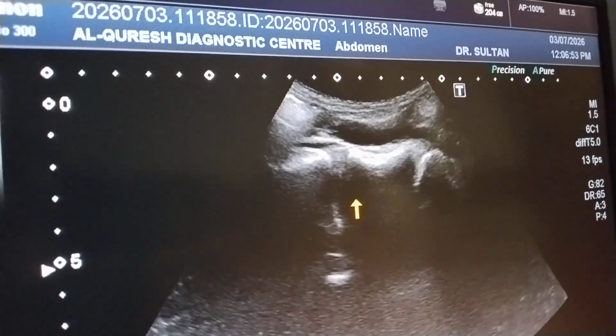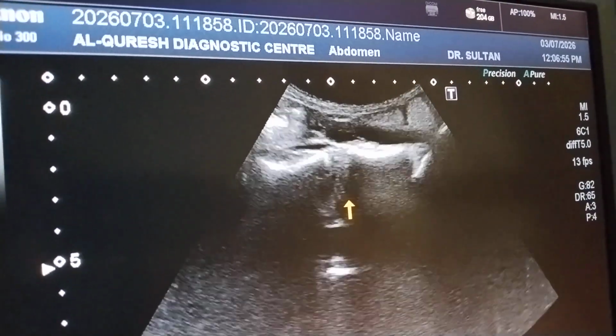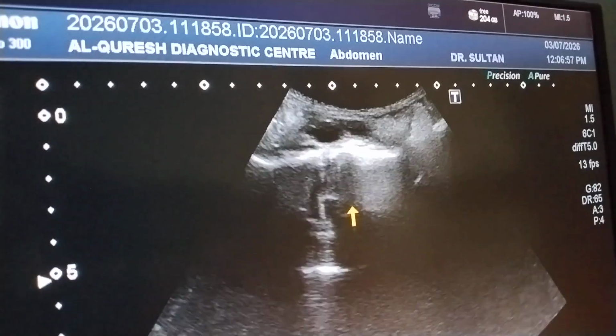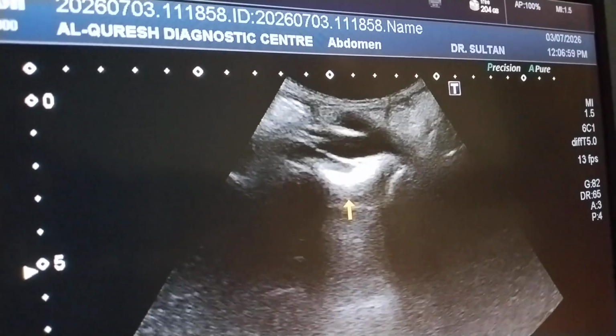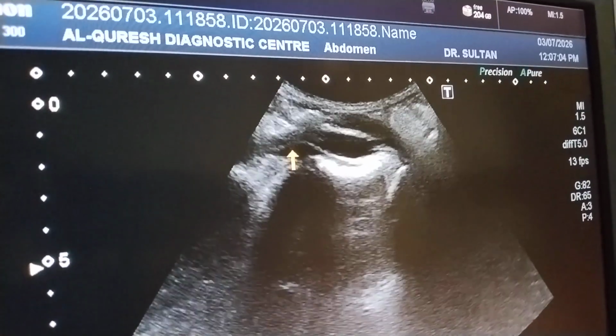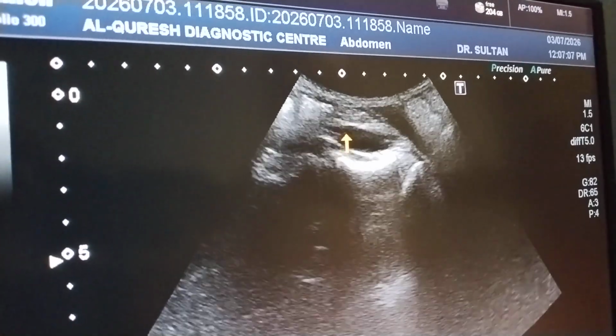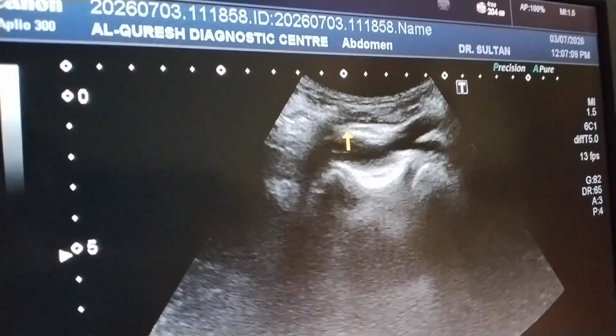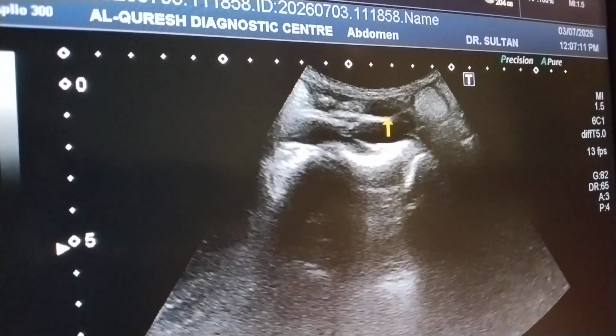Bowel gases are present, so we are feeling difficulty. However, we can overcome this. Now look here, this is the iliac vessel, this is the iliac vessel, and this we can appreciate.